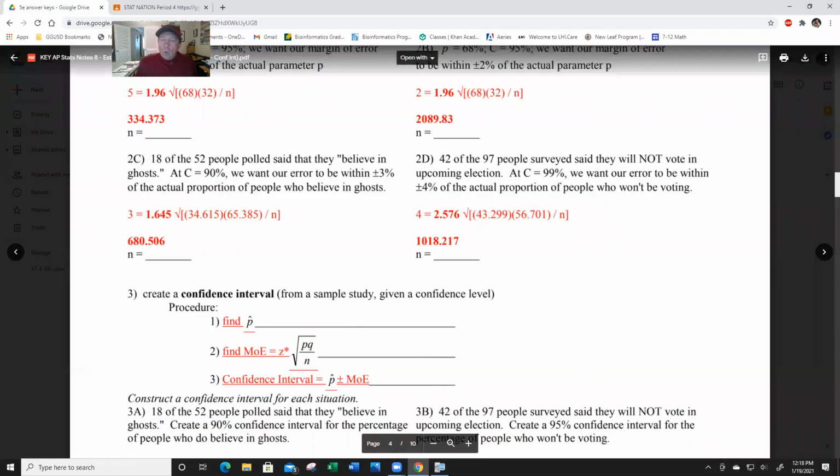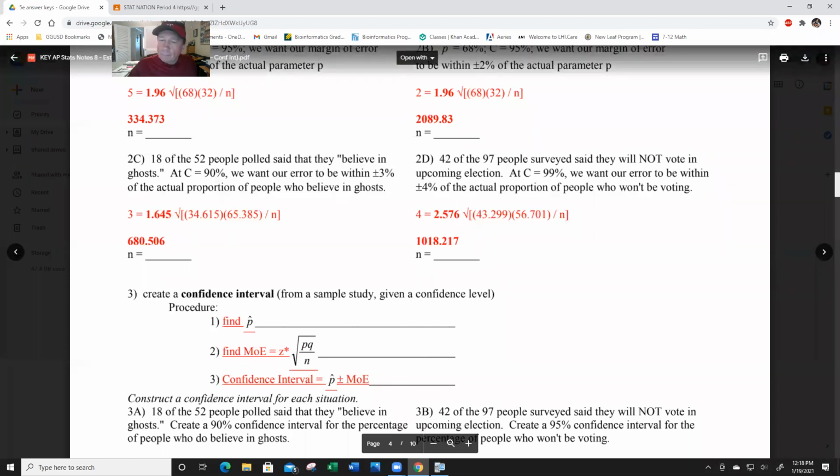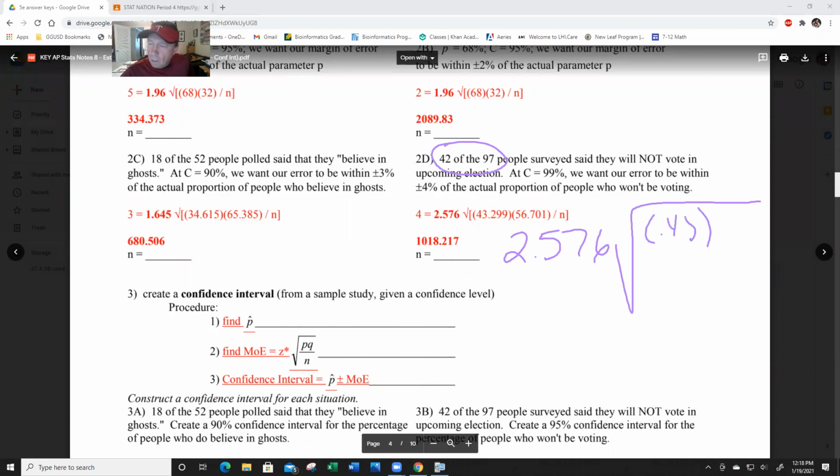So we got 2.576 times p hat. So 42 divided by 97 is 0.43 essentially. 0.57 over n equals 4%, 0.04.